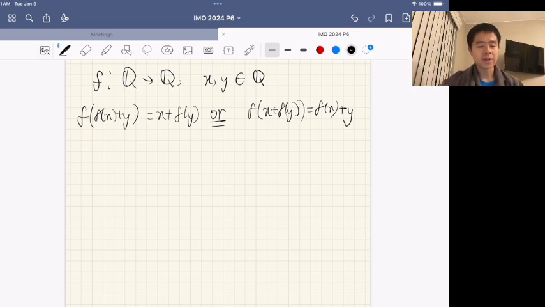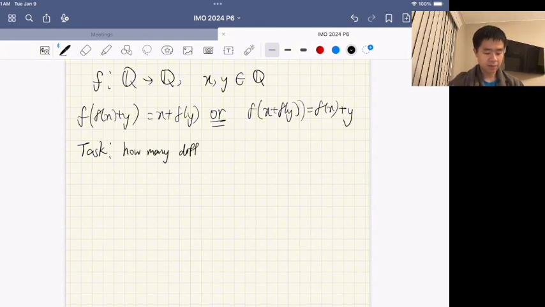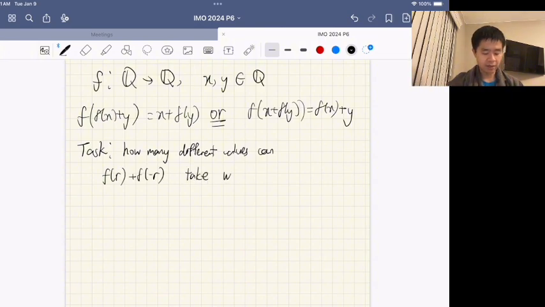And then the task is: how many different values can f(r) + f(-r) take when r is considered across all rational numbers?